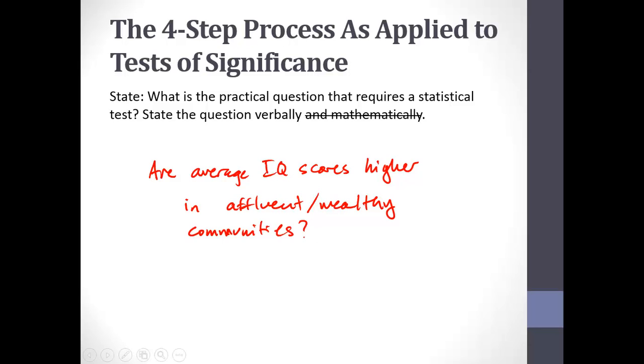So again, just taking what the example says. I suspect that this is maybe the case. So the question that I want to answer is: is our average IQ score higher in affluent or wealthy communities? Very good. Does everybody see where we got that?